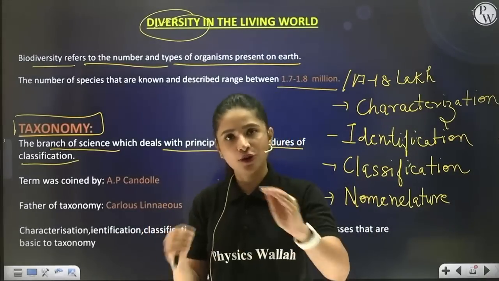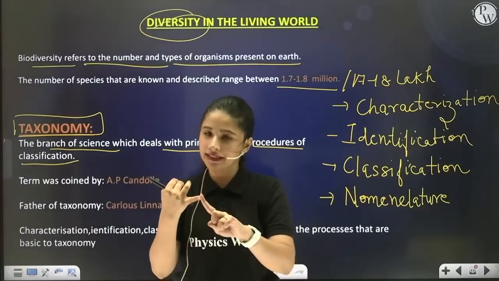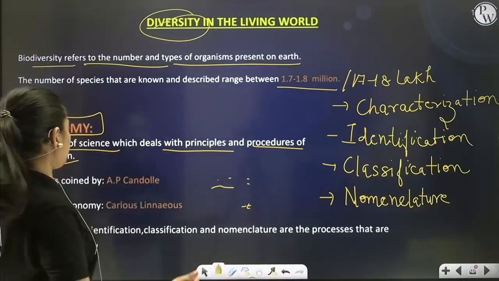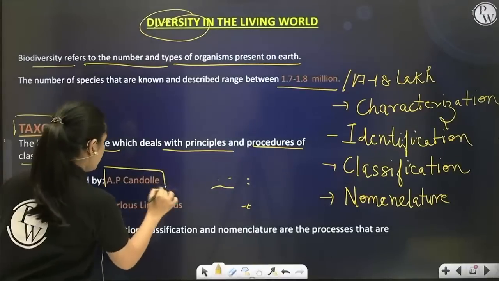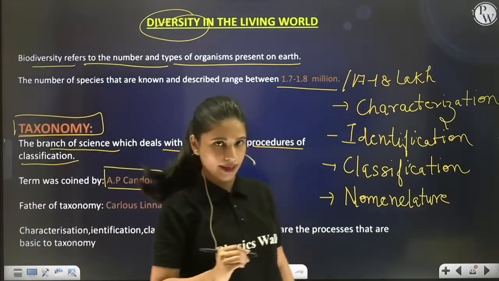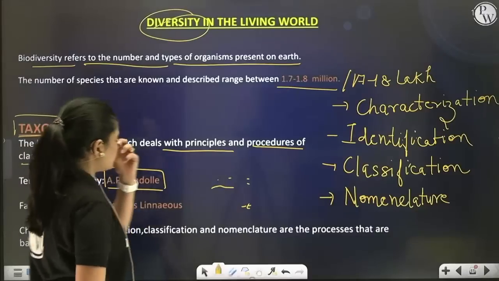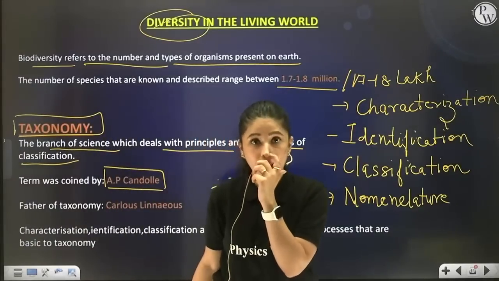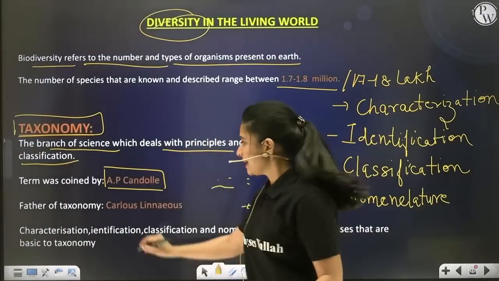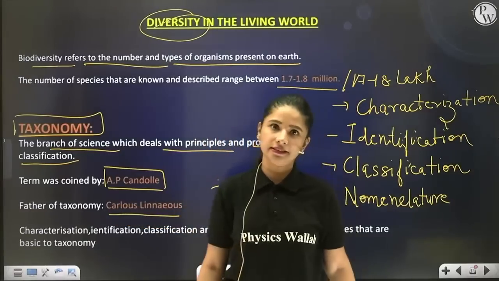So I hope what is taxonomy is clear to everybody. The term taxonomy was coined by A.P. Candolle. You should remember, NEET can ask this question. So the term taxonomy was coined by A.P. Candolle. However, the father of taxonomy is Carolus Linnaeus.